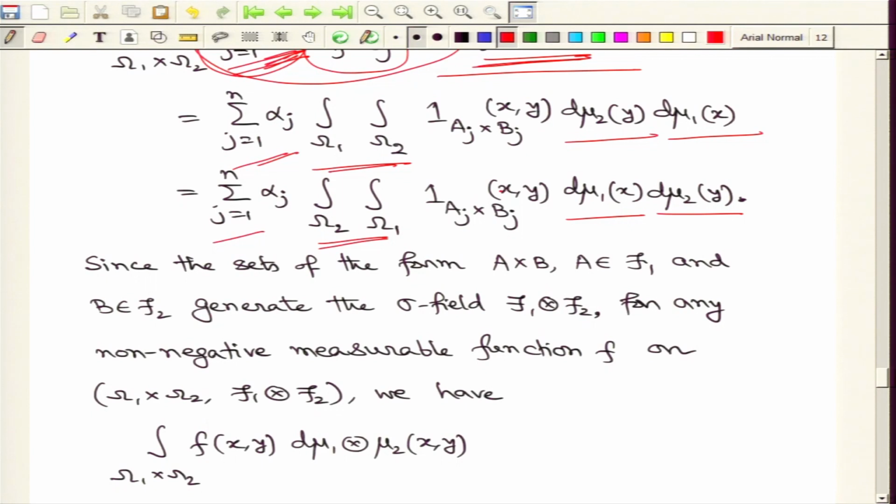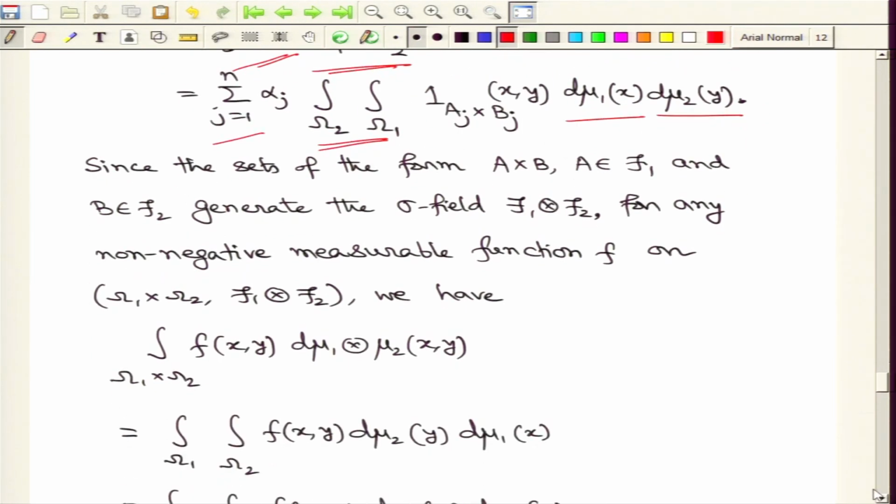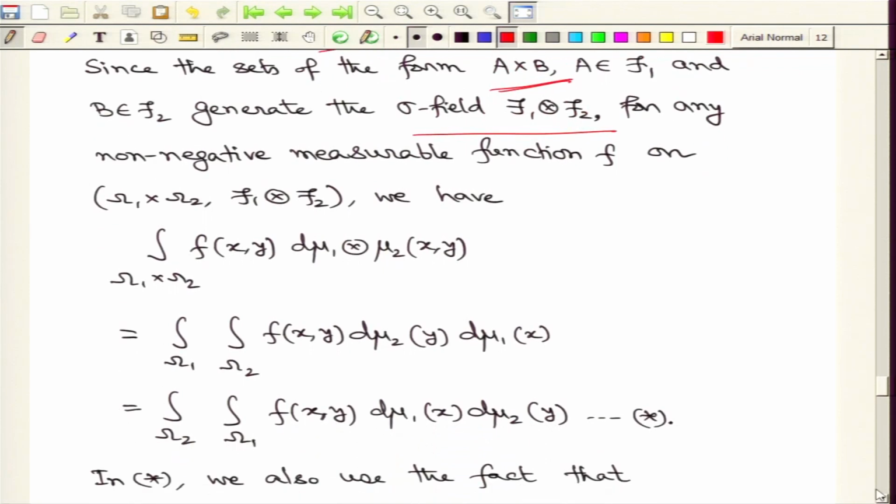Since we have verified this relation for simple looking functions, meaning for positive combinations of indicator functions, we actually have it for non-negative simple functions, and therefore, using the fact that these sets of the form A cross B generate the product sigma field, we claim that for non-negative measurable functions we will be able to extend this result.